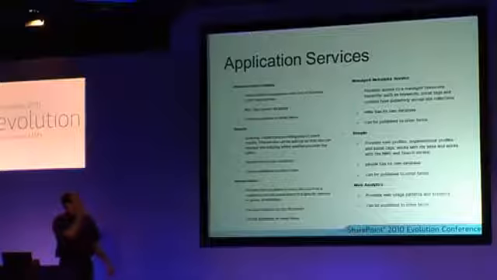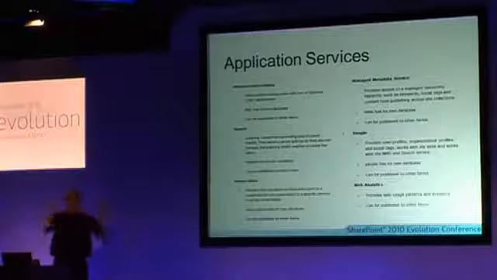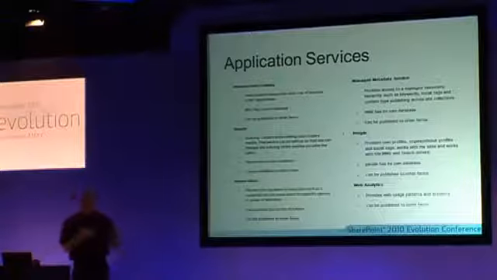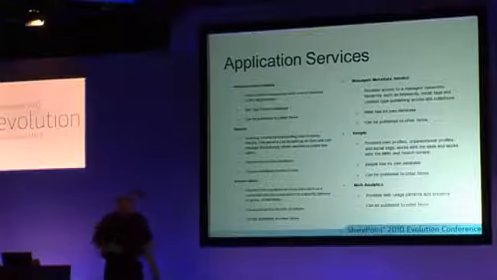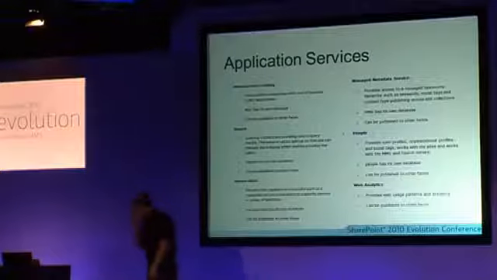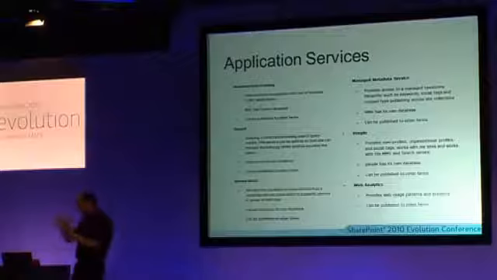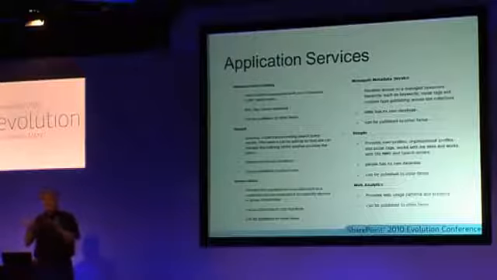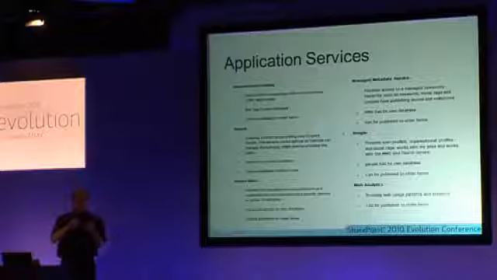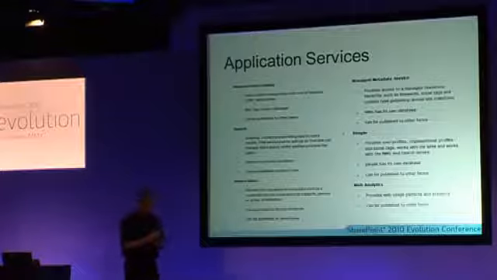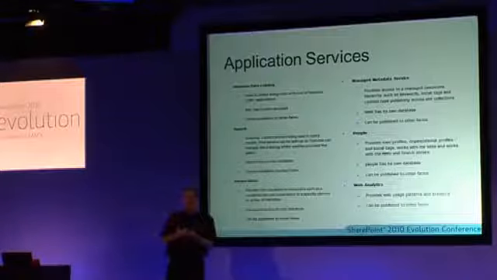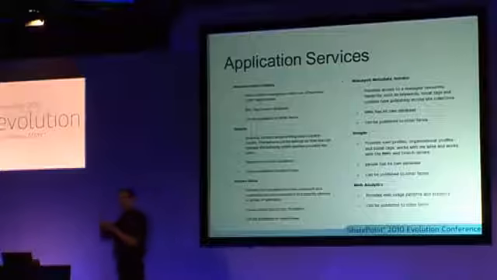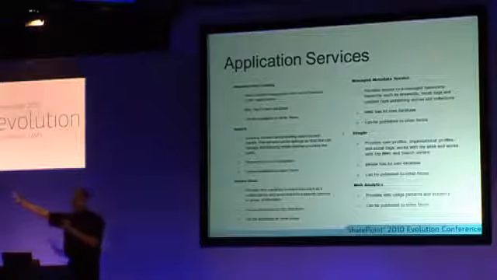So this is by no means the full extent. I've got another slide in a minute. But what I wanted to show you here about these application services is we still have a lot of the functionality that we wanted in 7. So things like the ability to provision a service so that it could be consumed by other web applications in other farms.